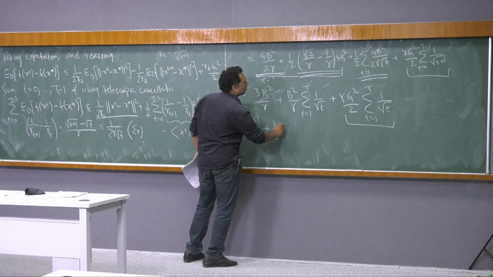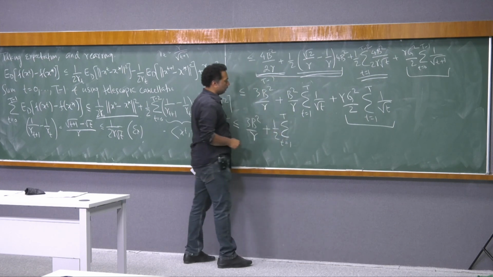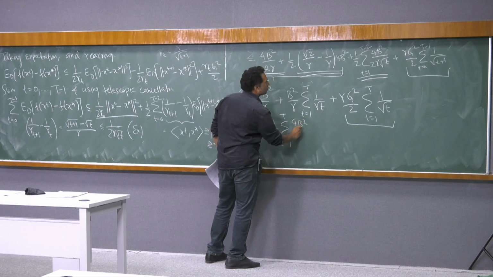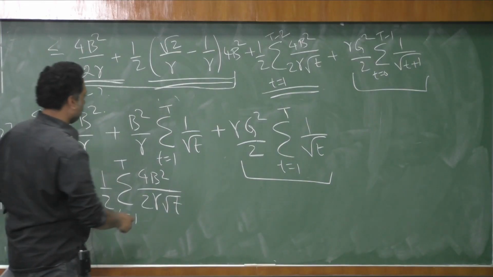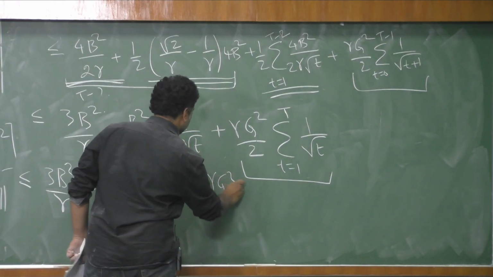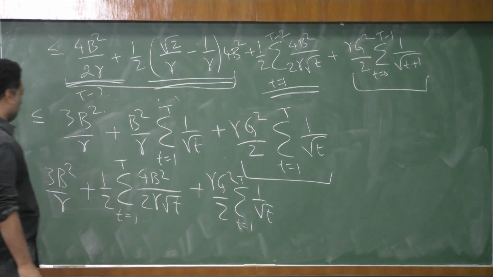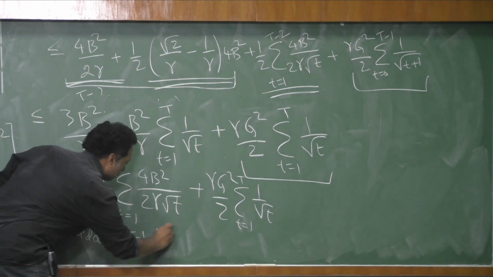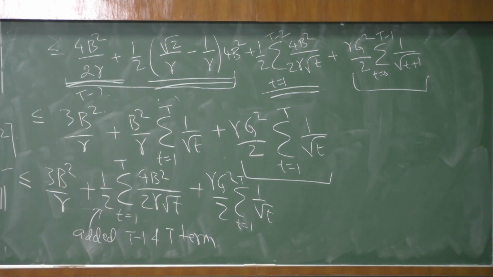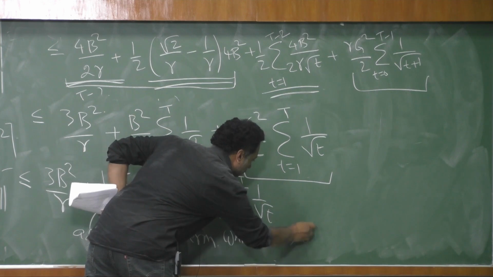So half of this is less than or equal to half of the sum from t equals 1 to t, now that we added these in the sum itself, of 4b squared by 2 gamma square root of t, and then plus this term, which is evident, g squared by 2 times 1 by square root of t, summed from t equals 1 to t. So we have added the t minus 1 and t terms, and those added terms are still positive, so it still keeps the upper bound. They are greater than or equal to 0.